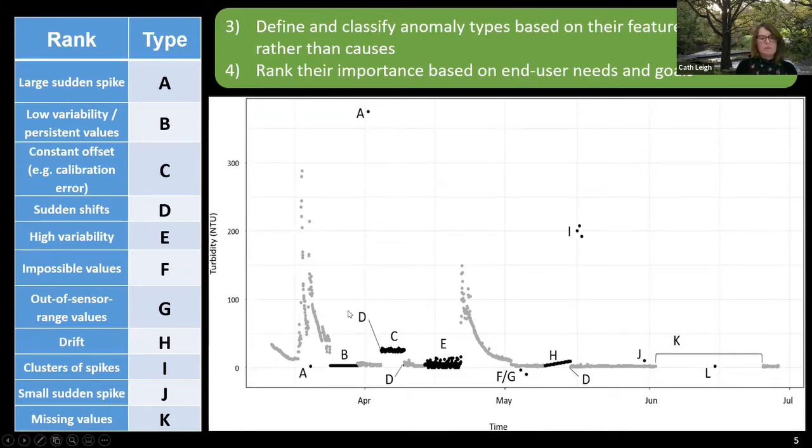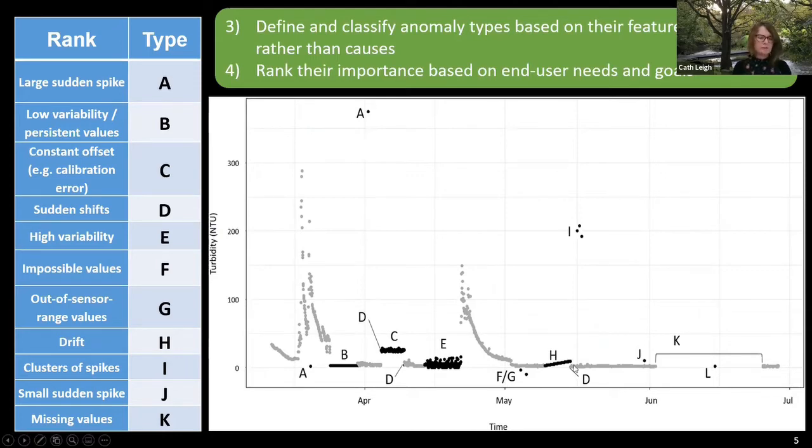We have periods of unusually low and persistent data values labelled anomaly type B. We have also periods of unusual high variability data labelled E. We have also things that are impossible values, such as negative turbidity readings or readings that are out of sensor range, so labelled here F and G.